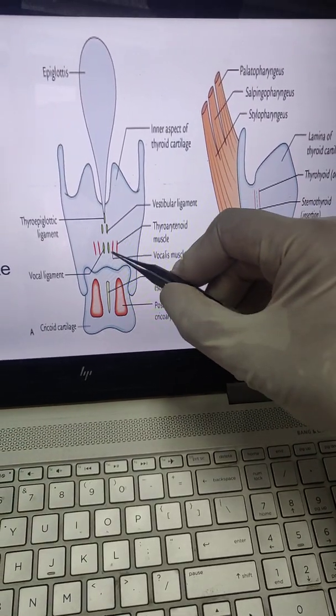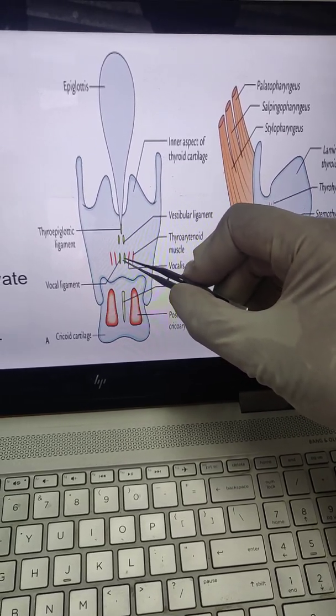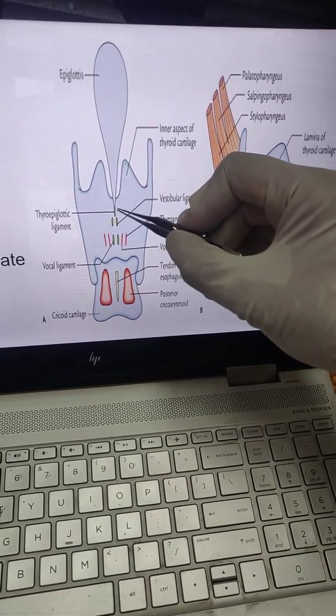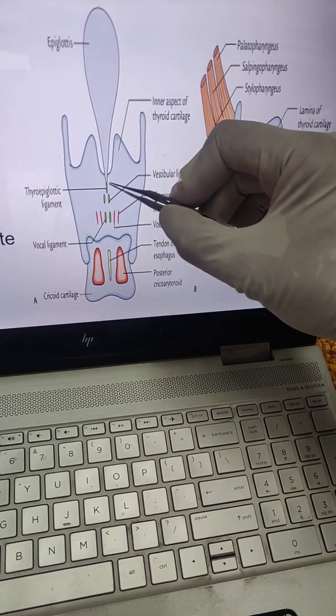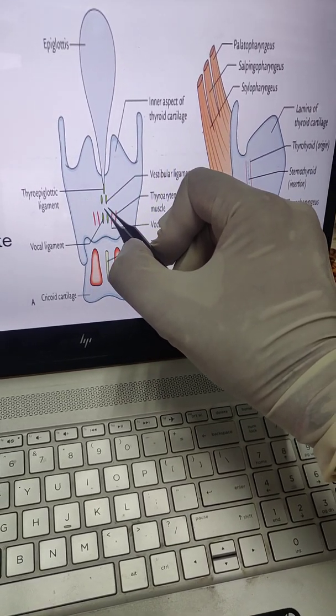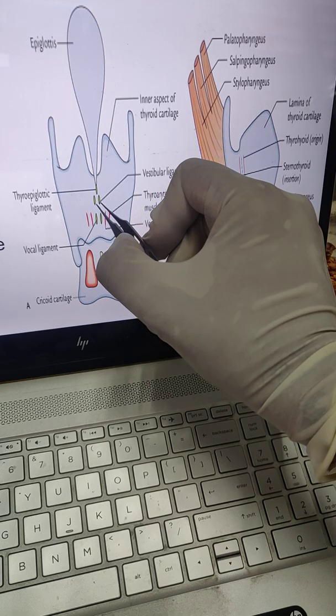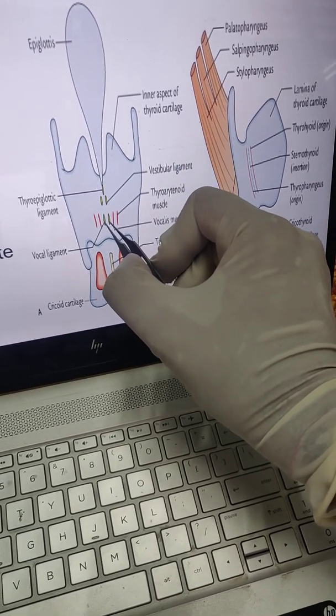On the posterior surface of the thyroid cartilage, in the midline from above to downwards, there is the attachment of the thyroepiglottic ligament. Just below it, on each side at the thyroid angle, there is the vestibular ligament, and below that the vocal ligament.